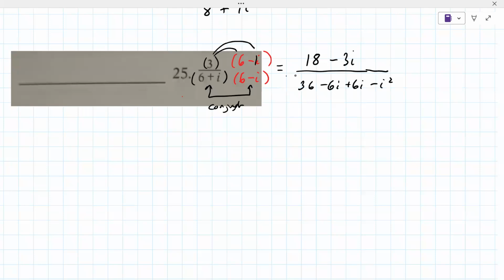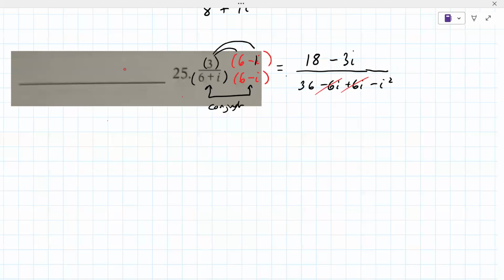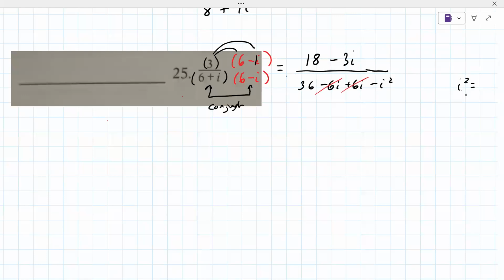Now, do you agree that the minus 6i and the positive 6i cancel? It's because they're opposite in sign. Now, remind me, what is i squared? i squared would be -1. So this is really minus a -1. What does that become?